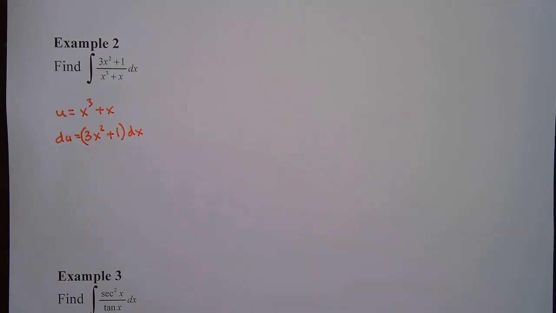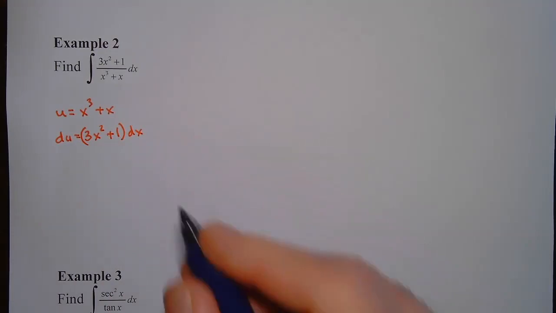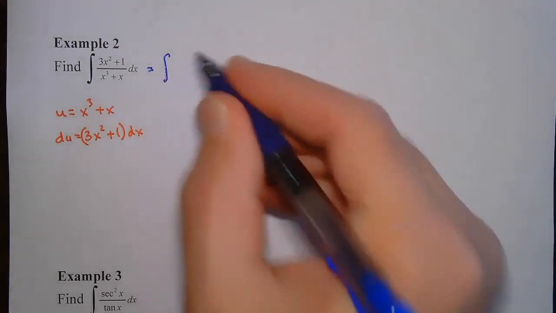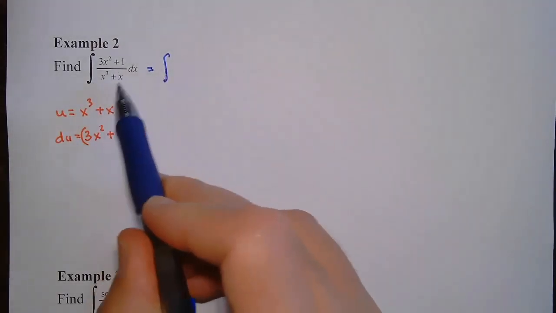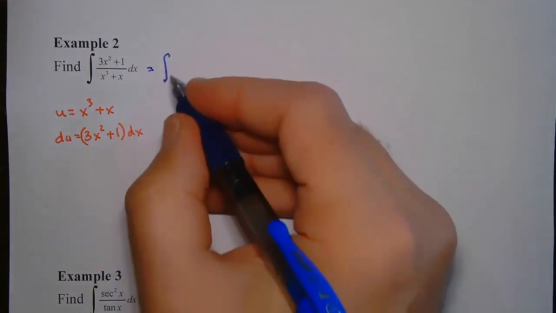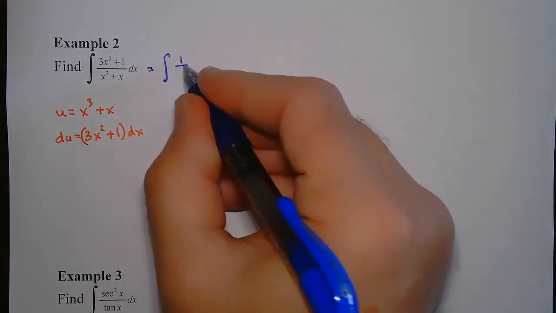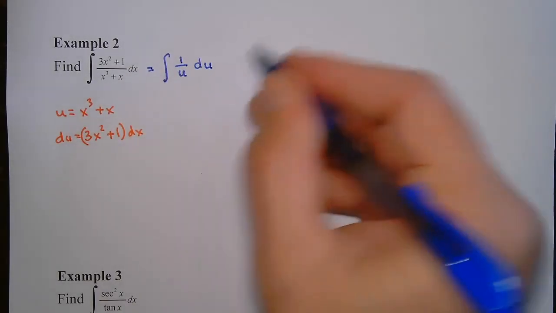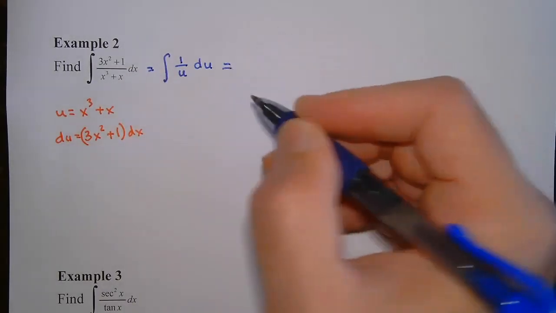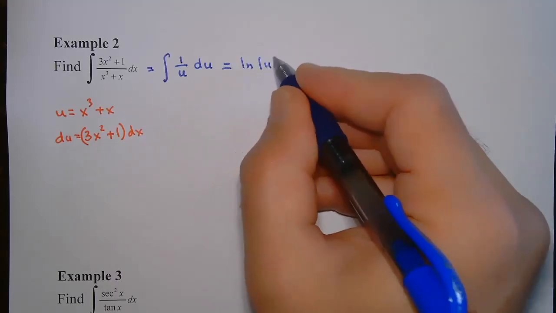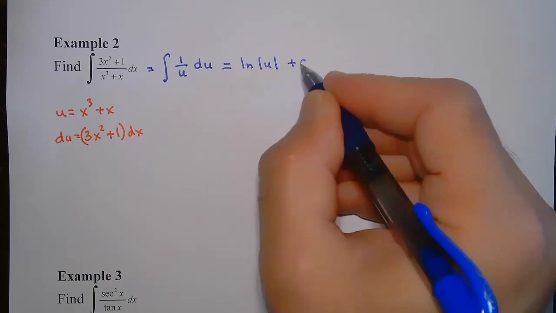So this is going to equal the integral of, and this is your u, and this together makes your du. You don't need to fix anything for this one. So this becomes 1 over u du, which we know from the previous problem and our integration rules is the natural log of the absolute value of u plus c.